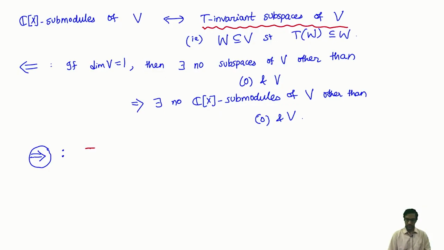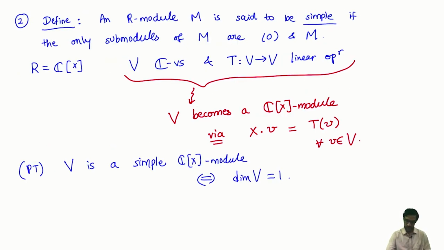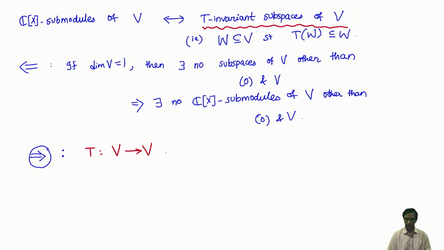But here is an interesting property of a complex vector space. I'm thinking of everything here as finite dimensional, so maybe I should have said that. Let V be a finite dimensional complex vector space, and let T from V to V be a linear operator.